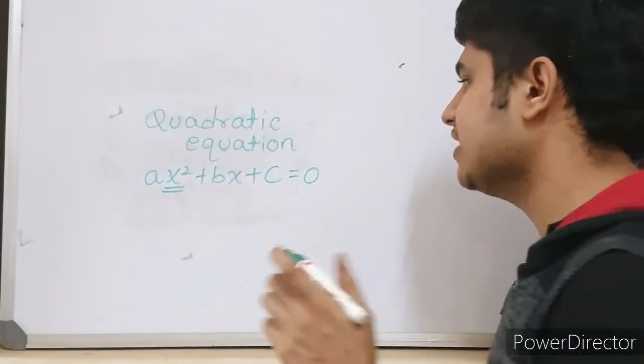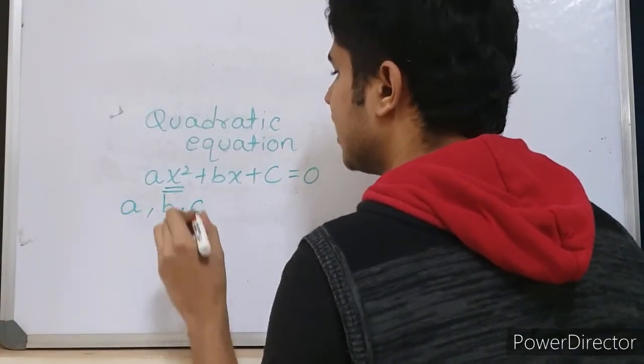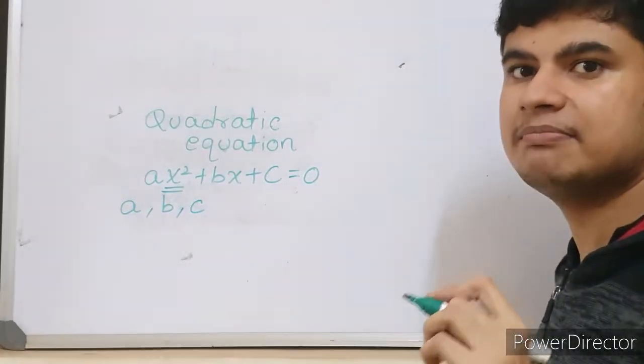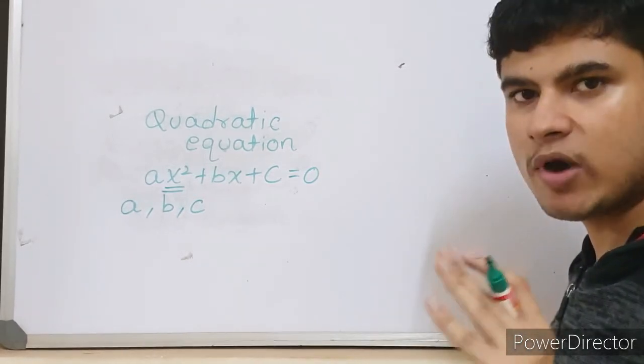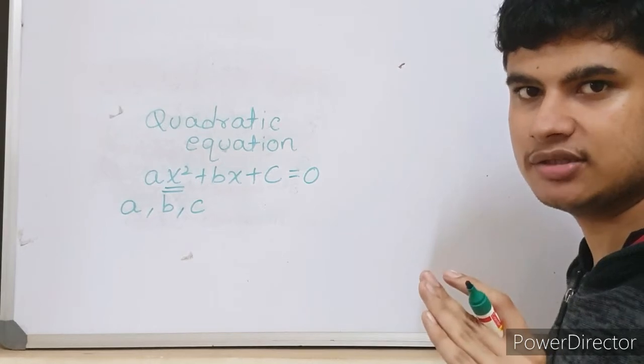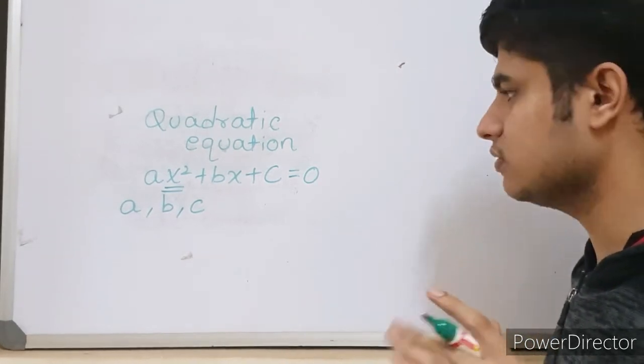And what are a, b and c? A, b and c are nothing but constant numbers. They can have any values, provided we have one condition: the value of a is not equal to 0.